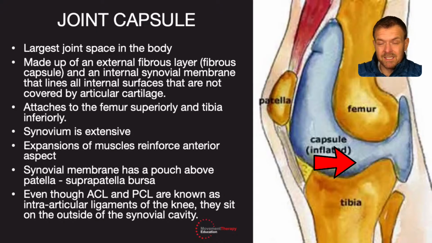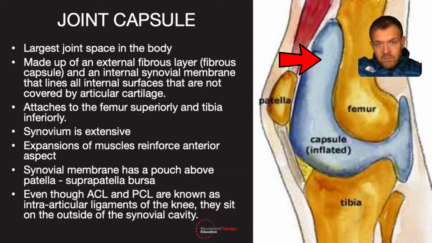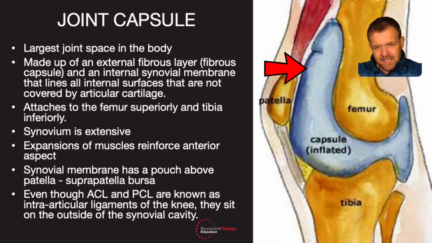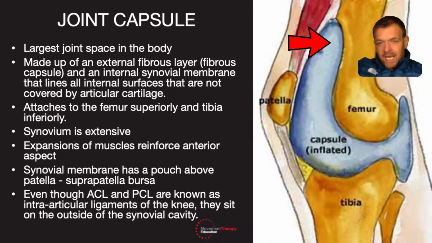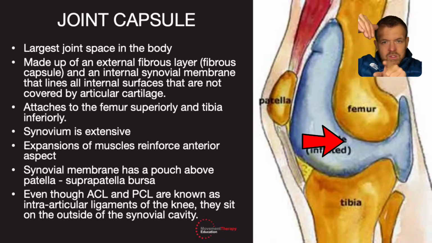It's called the sweep test, where you push fluid upwards, so you're trying to collect it into this suprapatellar pouch up here, and then on the lateral aspect of the knee, so you sweep up on the medial aspect, and then you hold it there, and then you sweep down on the lateral side, and then that forces the fluid down into this part of the knee again, and you'll see a little bulge come out on the medial side if there's significant swelling there.